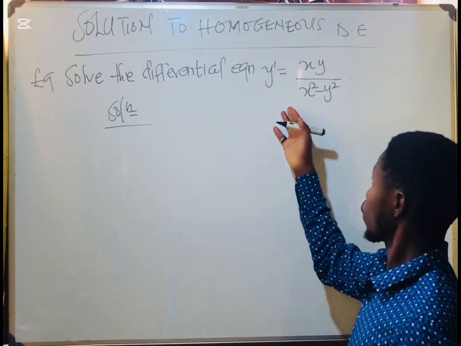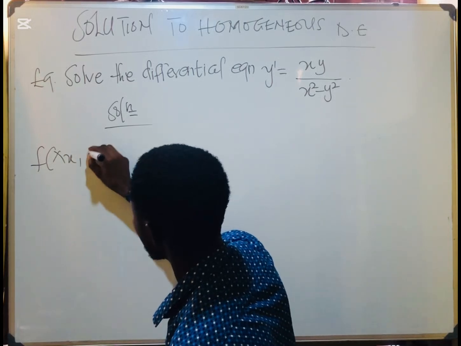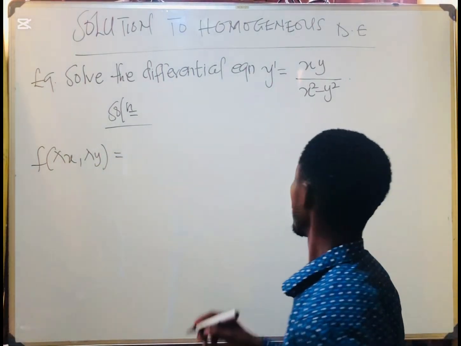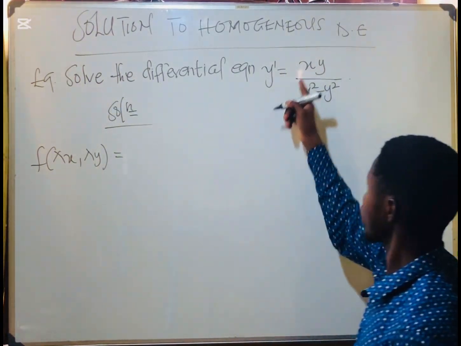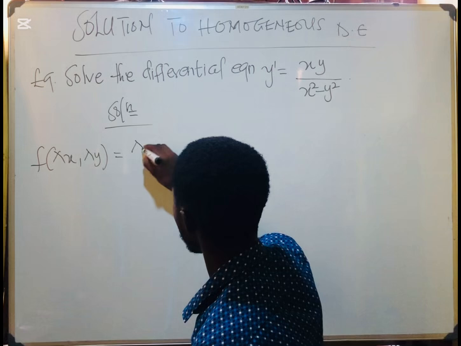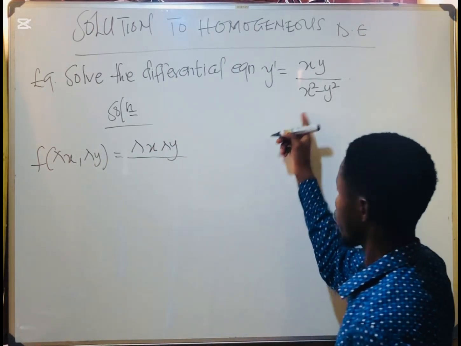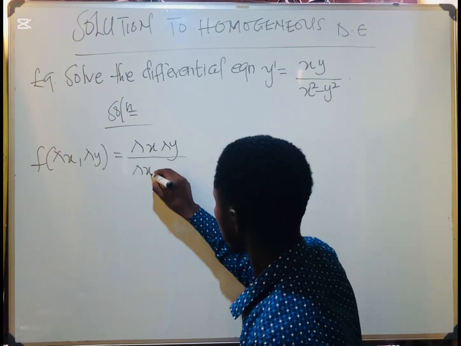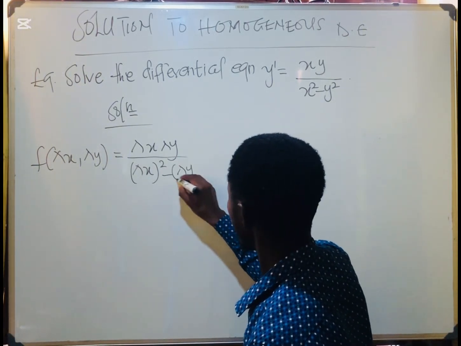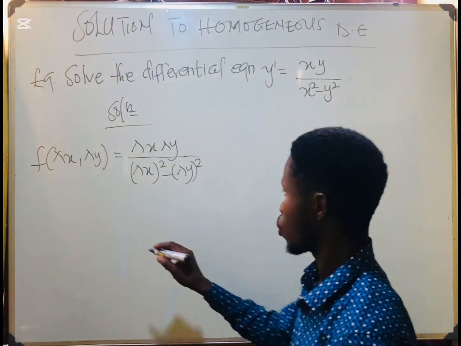So I can write this as f of lambda x, lambda y equals, wherever I see x it is lambda x, wherever I see y it is lambda y. So I have lambda x times lambda y, all divided by lambda x squared minus lambda y squared.